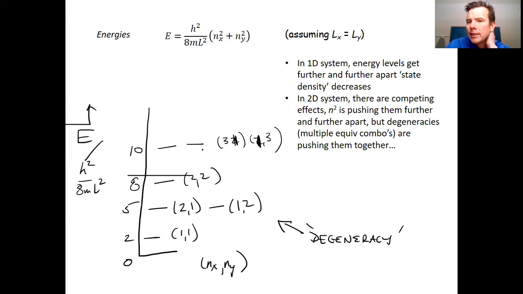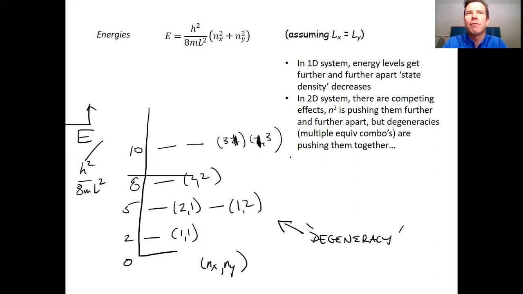But in 2D systems, there are competing effects. One is the n squared. So again, this is pushing the states further and further apart. But the other is that there's now multiple combinations of numbers which produce the same result. So these degeneracies are pushing the states closer and closer together.